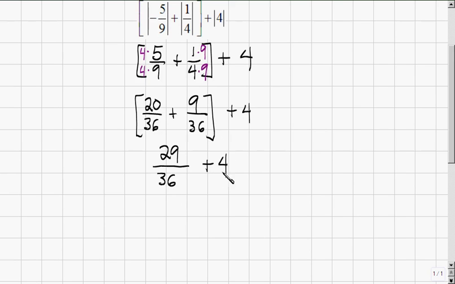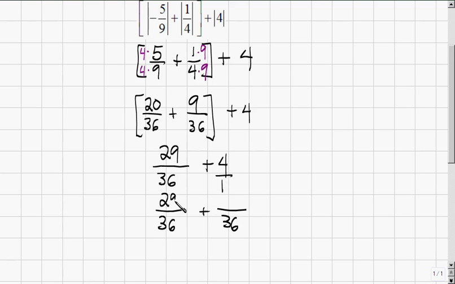To add these two together, we first need to write 4 as 4/1 and then convert 4/1 to a fraction that also has a common denominator of 36. And we see that the common denominator between 36 and 1 is 36. So we now need to change both of these numbers to fractions with common denominators.